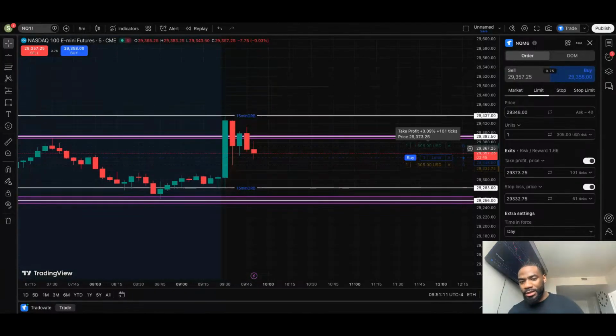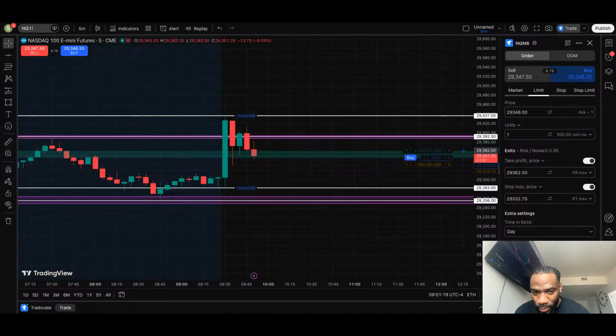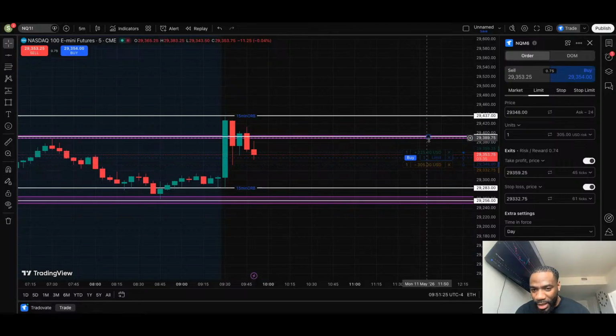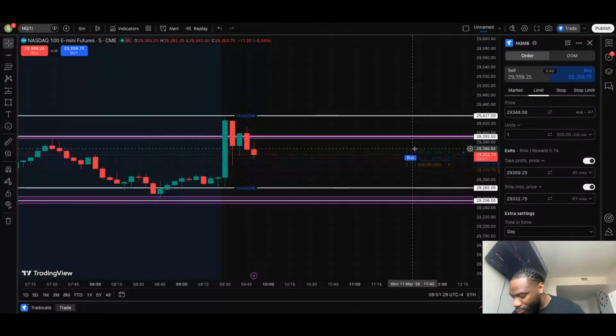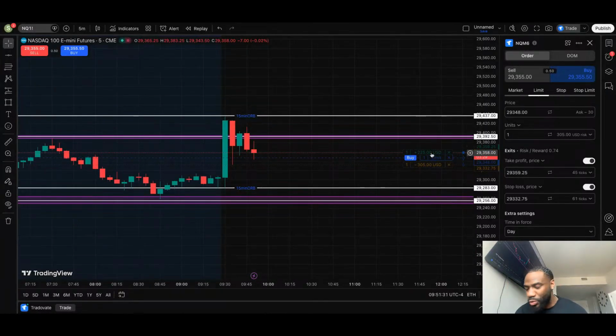Or not even 500. Let's just say it's something as small as 200, right? Instead of me waiting for this $200 move, see how small that is? I just have to get in at the right time to make this little move. Let's say it's $200. That one little move, I make $200.